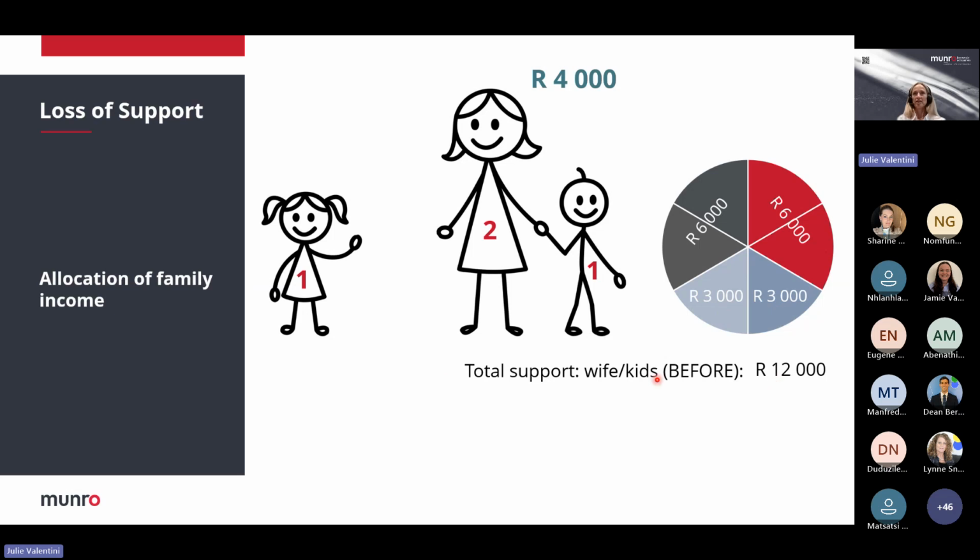So the total support that they were getting before any accident occurred was 12,000. But now, how much is available now that the accident has occurred? The mother's earnings are 4,000. So that is the only amount that is available now to support these 3 family members. So the loss of support that they've suffered is the difference between the 2, which is 8,000 Rand.